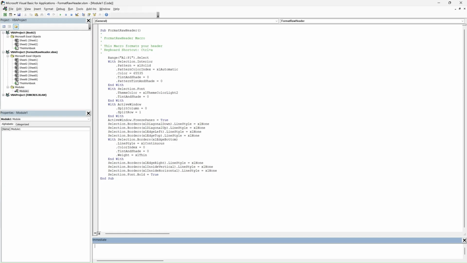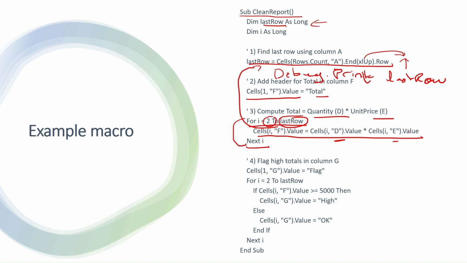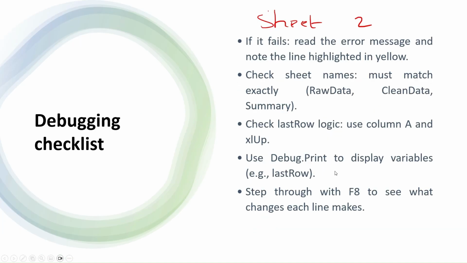Now, the other thing is stepping through with F8 to see what changes each line makes. F8 lets you run your macro one line at a time. VBA will pause before each line and show you exactly which line is about to run.